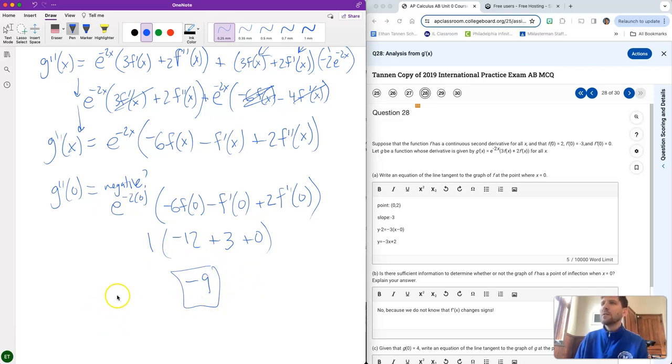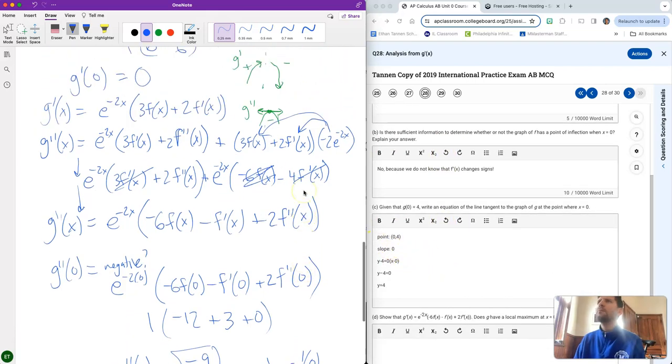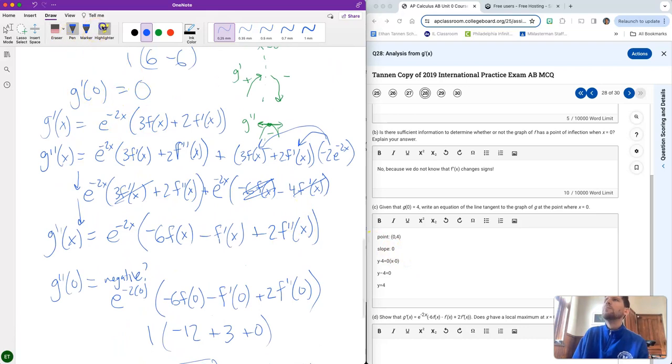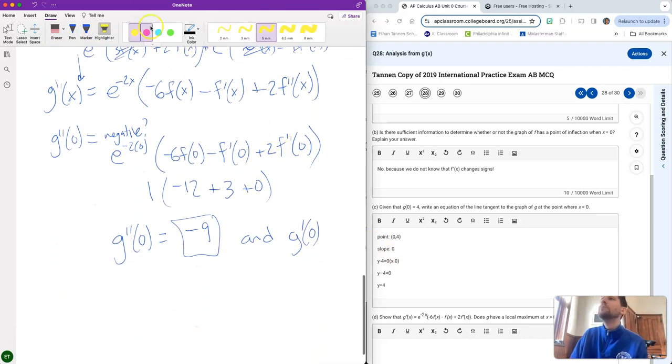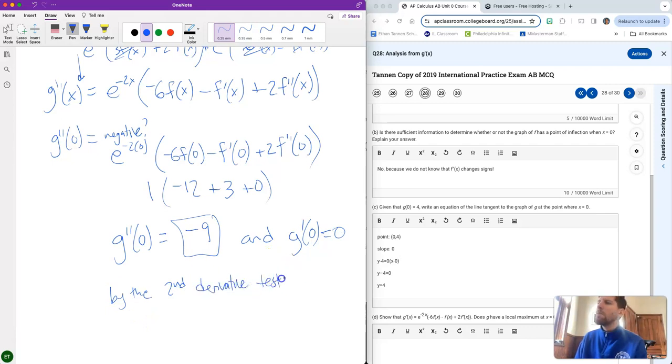So yes, since g double prime of 0 is negative, and g prime of 0, we already found up here, g prime of 0 equals 0, by the second derivative test, g of x has a local maximum at x equals 0.